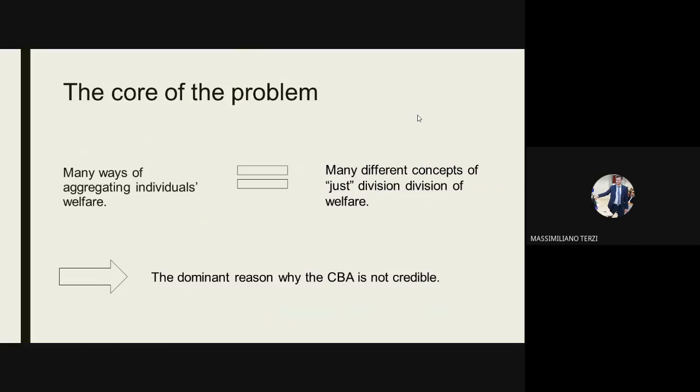So the critics of the CBA rely on this underlying social welfare function in which it is possible to adapt the individual's welfare, and this is the dominant reason why the CBA is not credible.